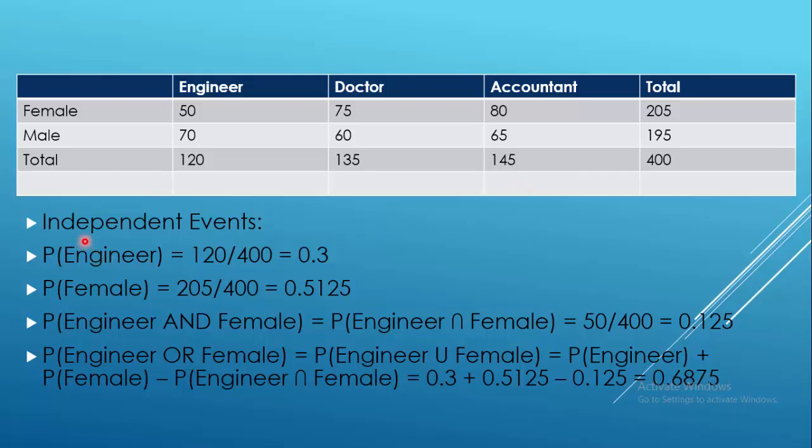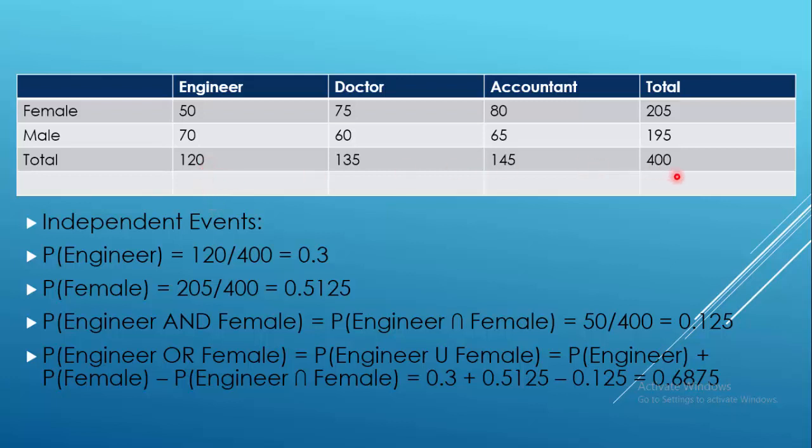So now we will see which events are independent and which events are mutually exclusive. The probability of being engineer is 120 divided by 400, which is equal to 0.3, because total number of engineers is 120.